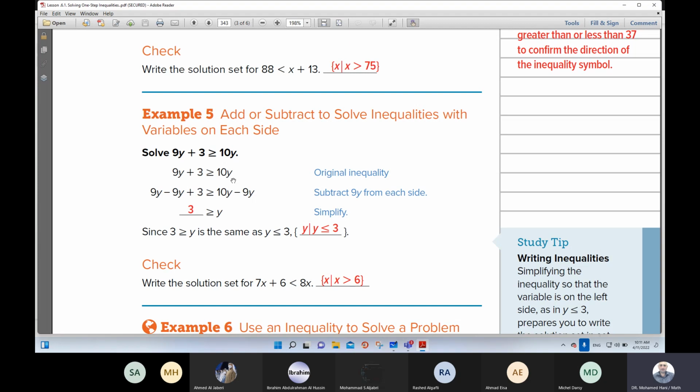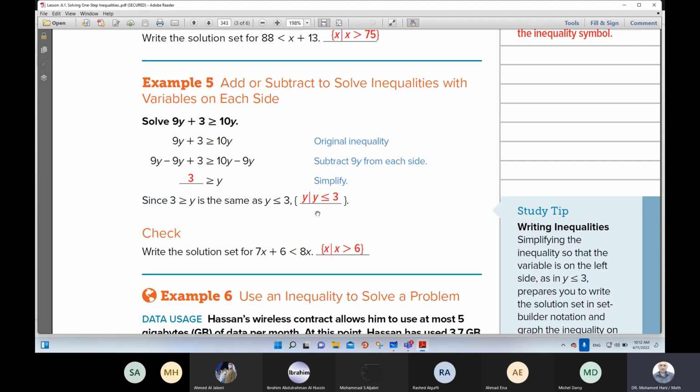In this example, we will keep y in the 10y side, and we will remove the y from this side. To remove the y from this side, you can add the inverse. So subtract 9y from this side and 9y from this side. So 9y minus 9y will be 0, means here 3 greater than or equal 10y minus 9y, which will be y. So y less than or equal 3.